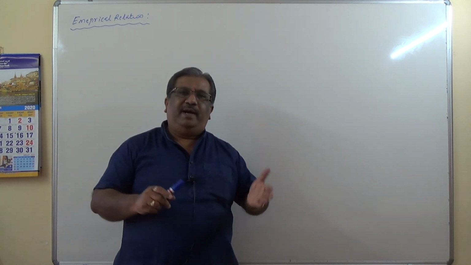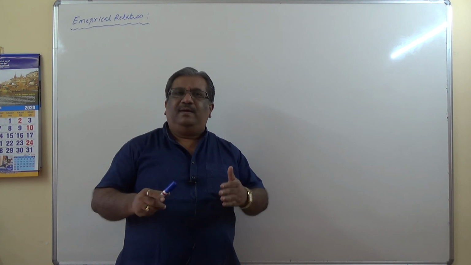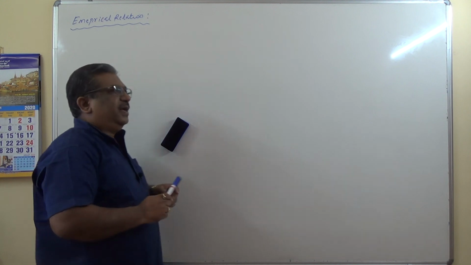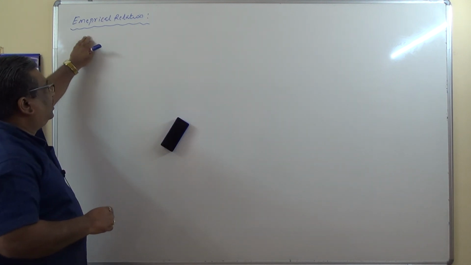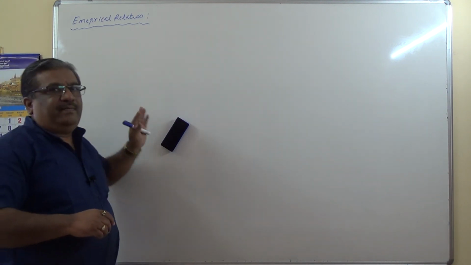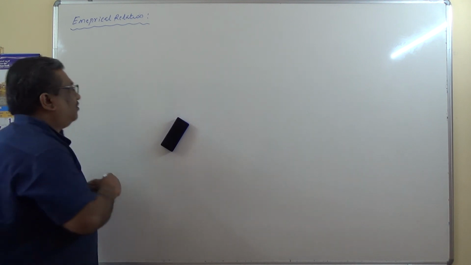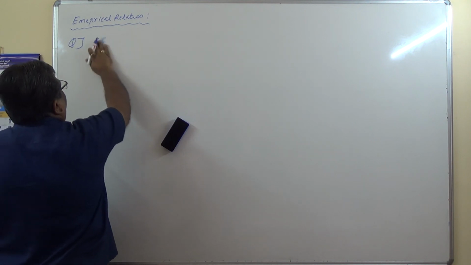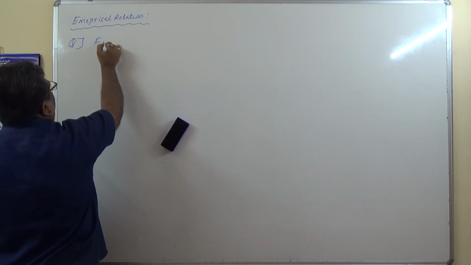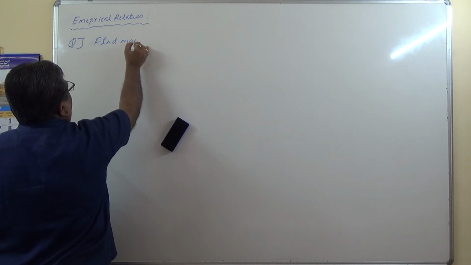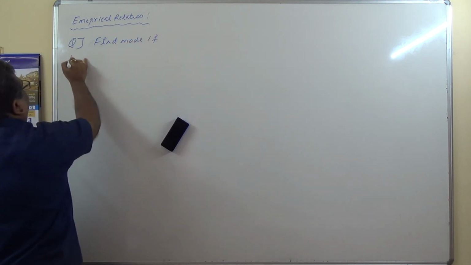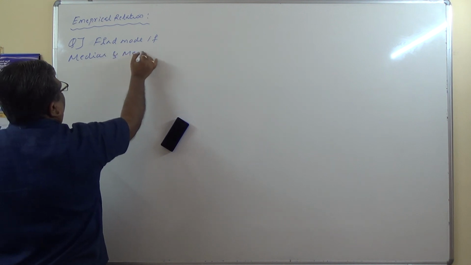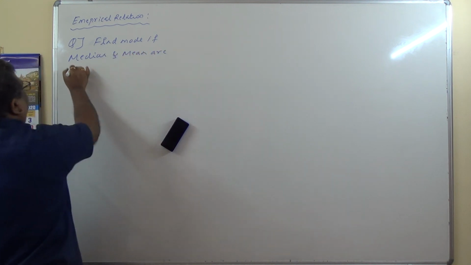If the median and mean both are 20, find out the mode. That is the question. In that case, we'll use the empirical relationship between mean, median and mode. So what is the question here? Question goes like this. Find mode if median and mean are both 20.